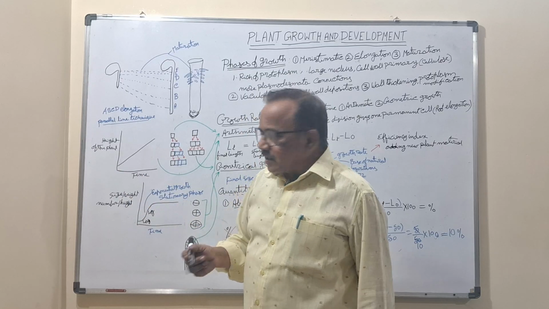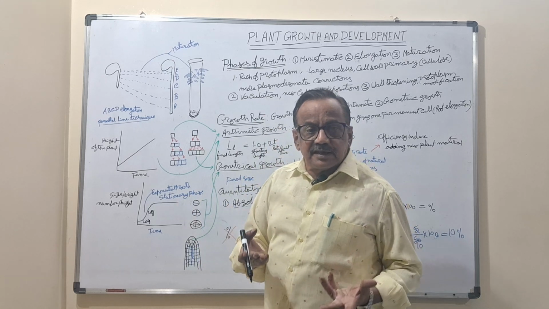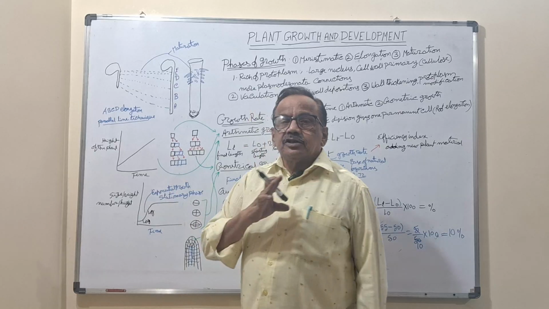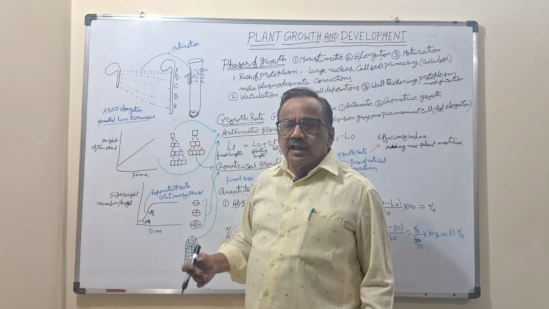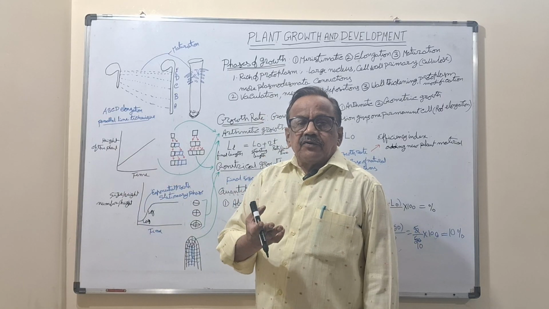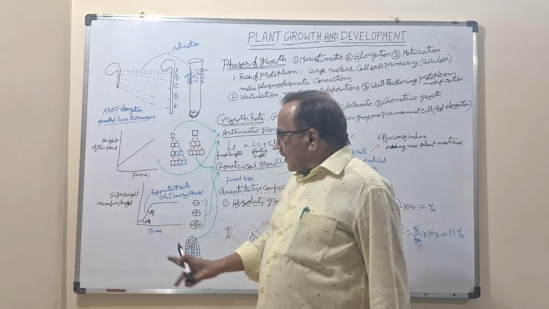Why, he may ask? Because the graph is of cell division. Initially some cells are there, and they are dividing, so it won't start from zero. It will start a little bit above. What are these? You can ask. That is the initial cells or the single cell.